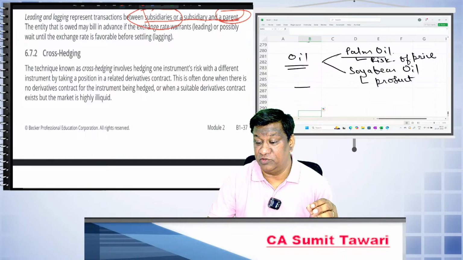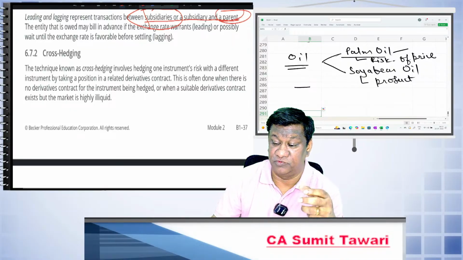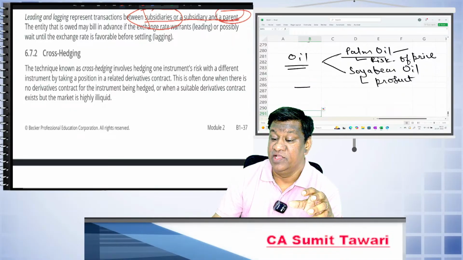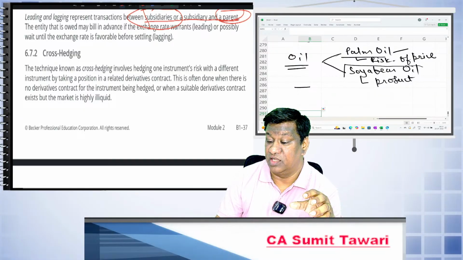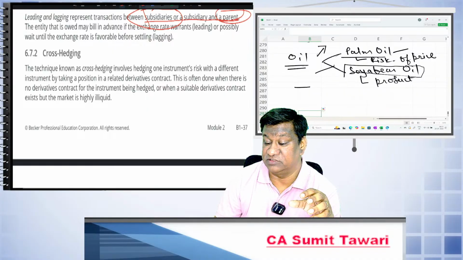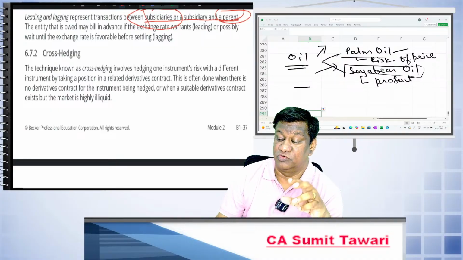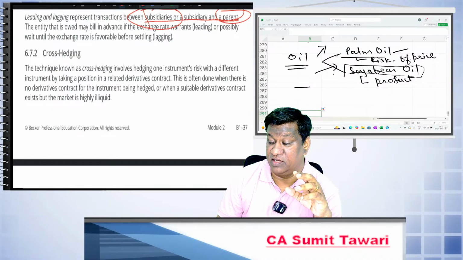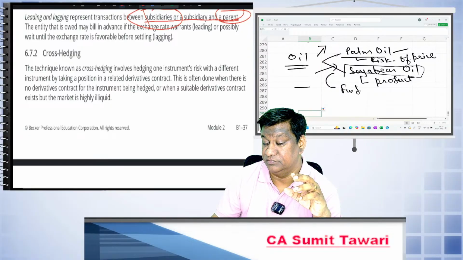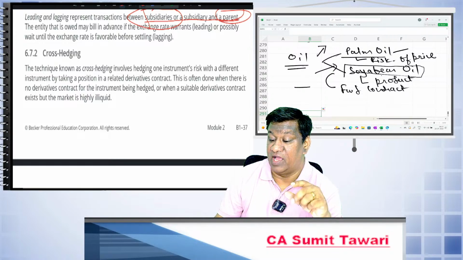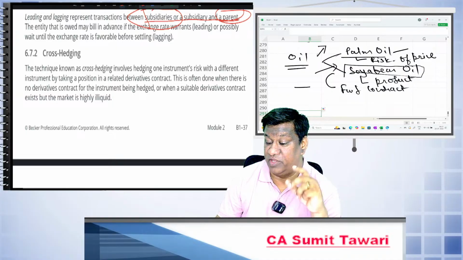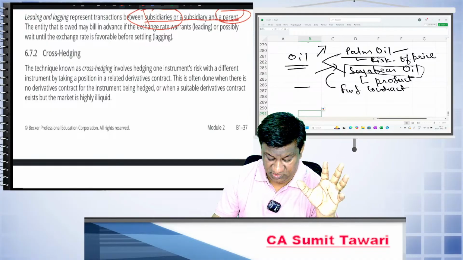But if I'm not able to get any contract or any underwriter who is ready to protect my rate for palm oil, then I may enter into a contract with soybean oil. Say if palm oil prices increase, the same pattern may be followed by soybean oil. So if I can get a forward contract for soybean oil, I will hedge the soybean oil prices to protect against the risk of price increase of palm oil. That is basically cross hedging.